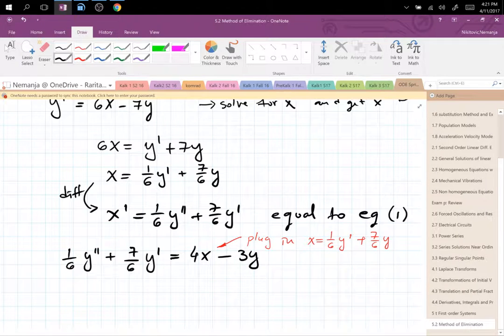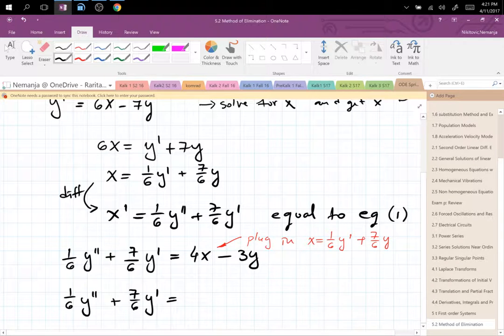And we finally have 1 over 6 y double prime plus 7 over 6 y prime is equal to 4 over 6 y prime plus 28 over 6 y, minus 3y. Let's not reduce, because they all have over 6. Wow. There we go. Much better.